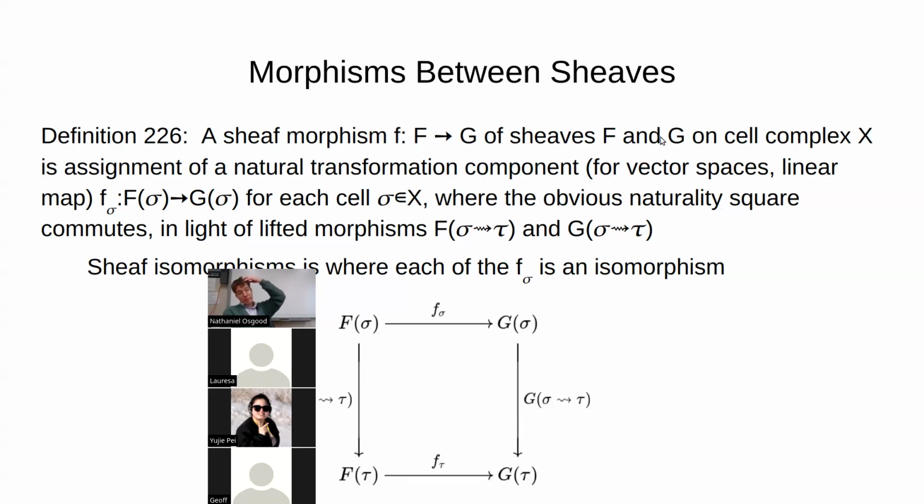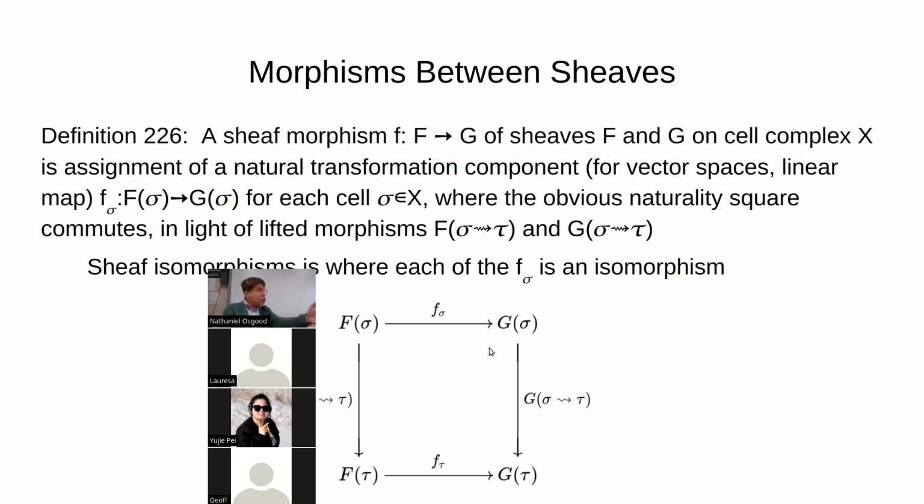Category theorists sometimes call this the obvious naturality square, but it's the naturality square between functors. It's not obvious if you're just learning category theory. And the striking thing is, again, these are just functors.